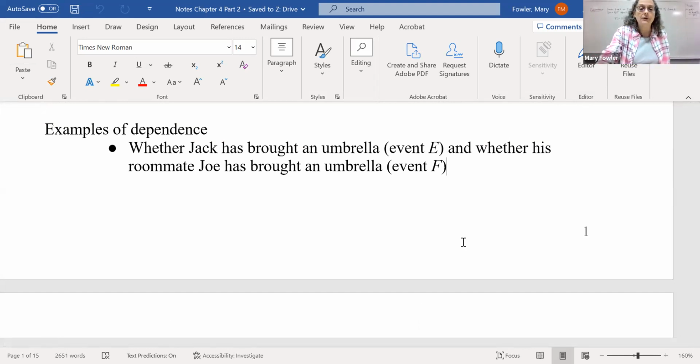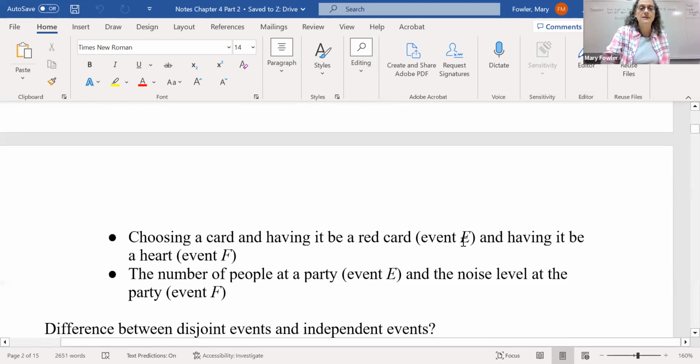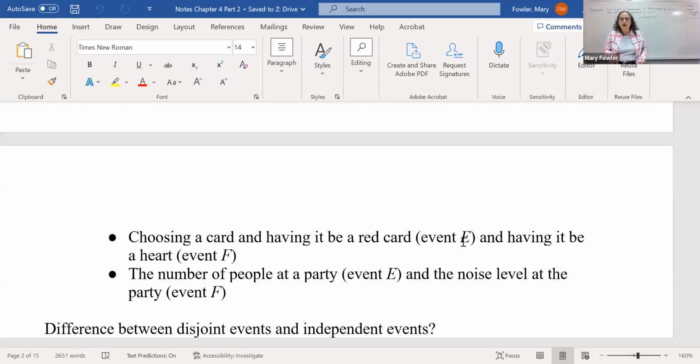Okay, a couple of other events that are dependent: choosing a card and having it be a red card, we'll call that event E, and choosing a card and having it be a heart, we can call that event F. So if we know that E occurred, it certainly changes our probability of F. If we know it's a red card, half the red cards are hearts, so the probability of a heart given a red card is going to be 1/2.